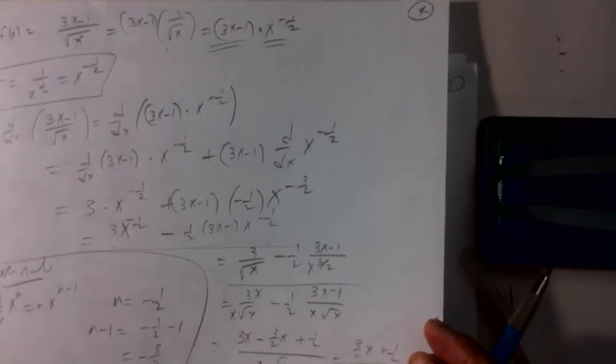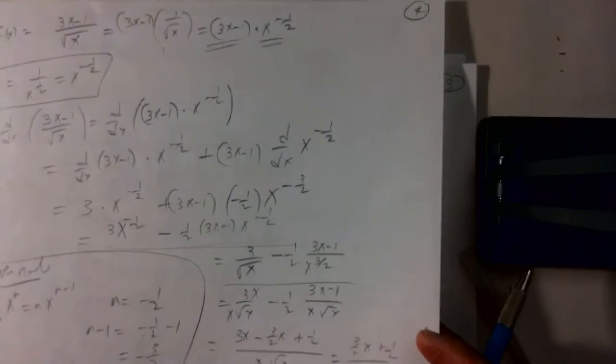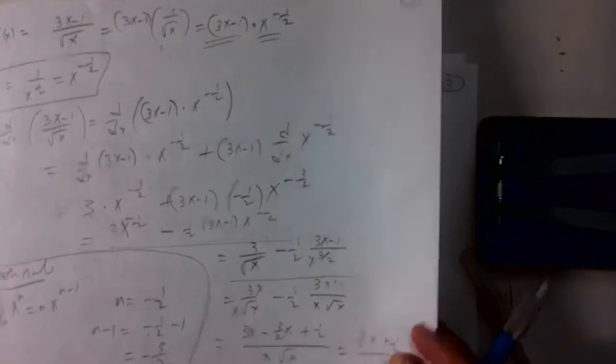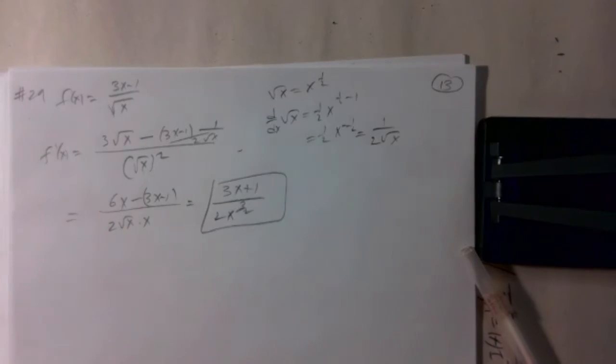When I did this earlier on page 4, I did it using the product rule, but of course you get exactly the same answer, which has to be the case.